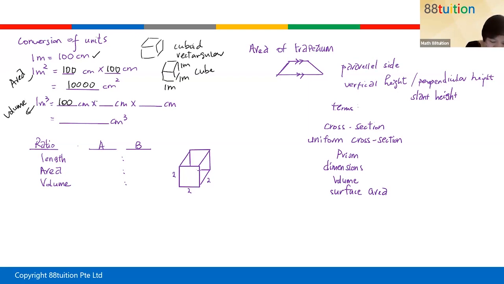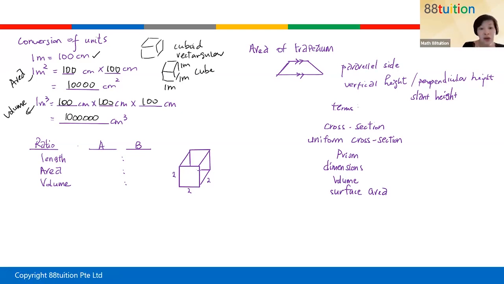In conversion to centimeter, we will have 100 times 100 times 100. Imagine how many zeros there are: 1, 2, 3, 4, 5, 6. Wow, 1 million, which is quite true. If you imagine a tank 1 meter by 1 meter by 1 meter, then you will get 1 million centimeter cube.